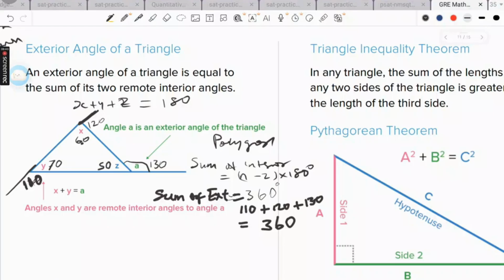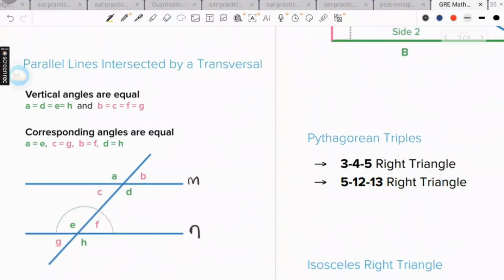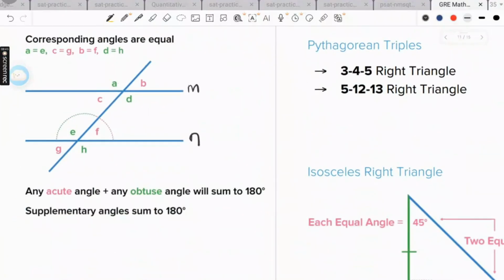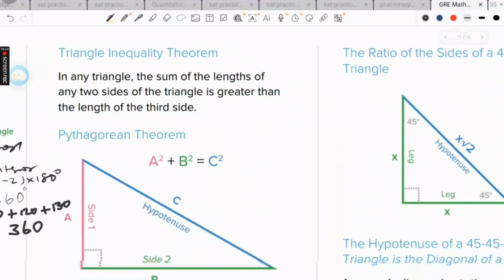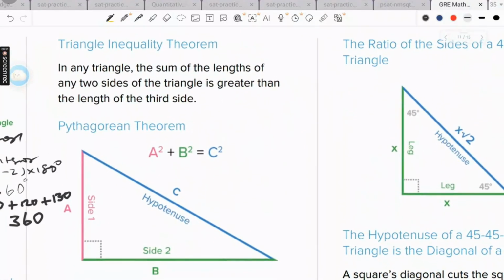Yes. All right. So we have already talked about the transversal line. The triangle inequality: in any triangle, the sum of the lengths of any two sides is greater than the length of the third side. Maybe you have joined a session where we utilized this.